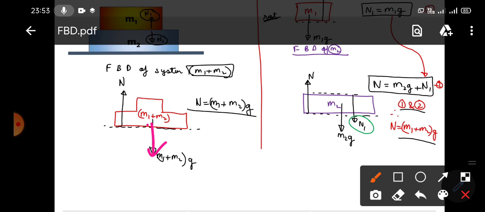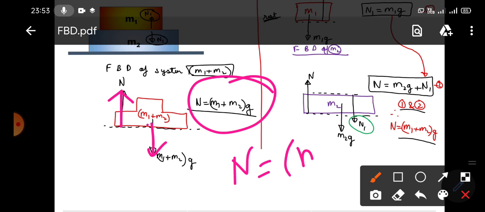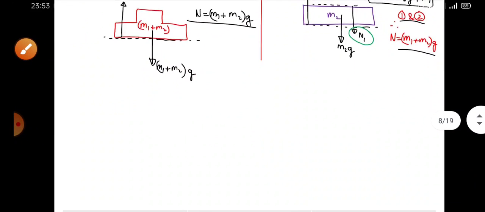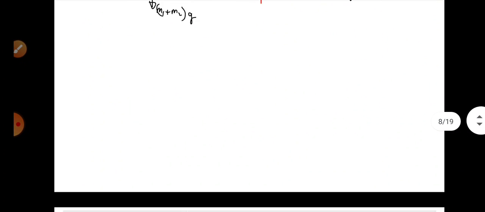Now since gravity is attracting m1 and m2, this system is actually pushing the ground. So as a reaction, the ground applies a normal force N. So N is equal to m1 plus m2 times g. Okay. So in this way you have to draw the free body diagrams.